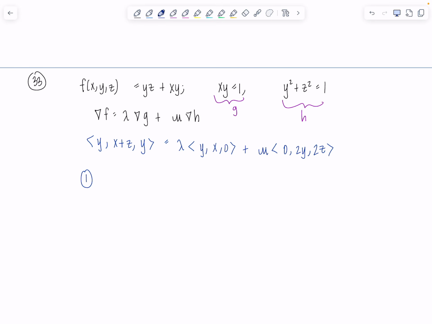Okay, Sebastian, how many equations will I need here? 4: x, y, z, lambda, mu. I didn't see mu. I know. Okay, so 5. There we go.